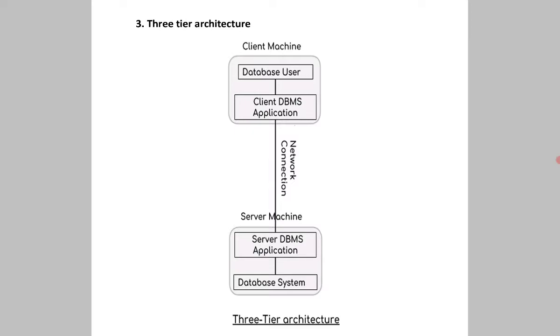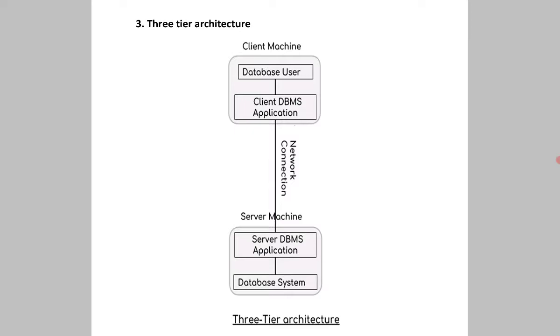Client machines have database users who can access the database by using application programs over a network. They can communicate directly with server machines.